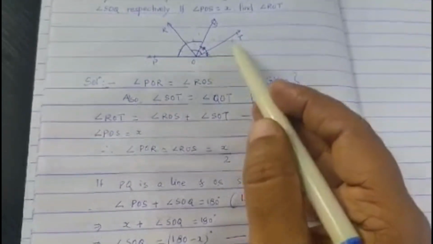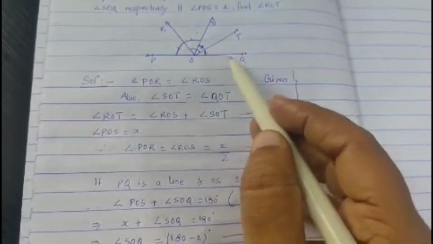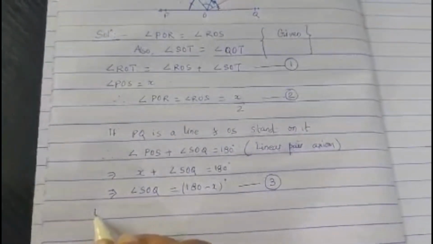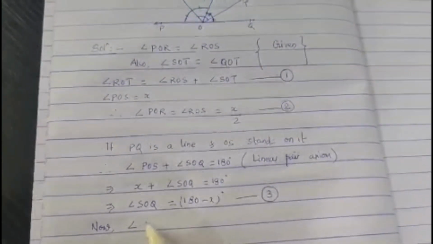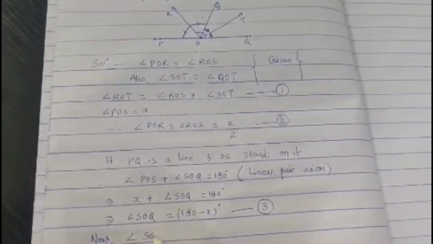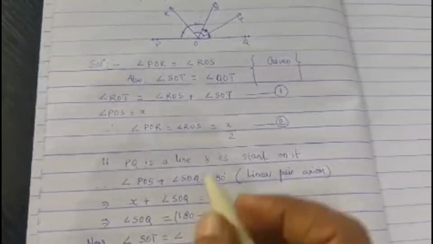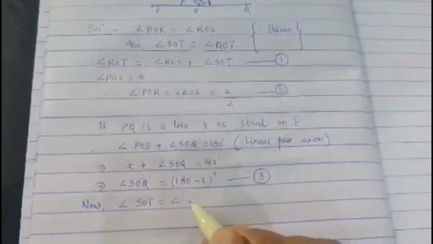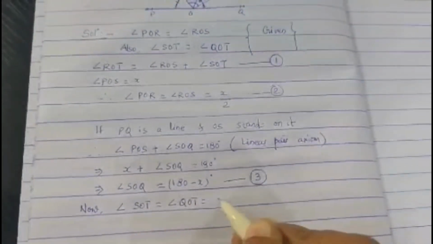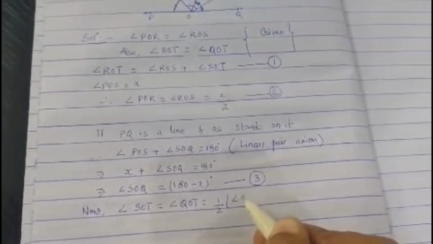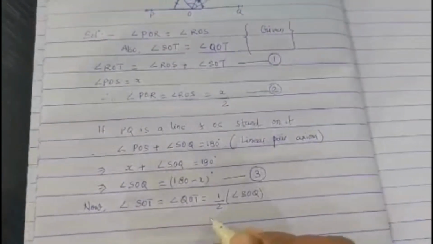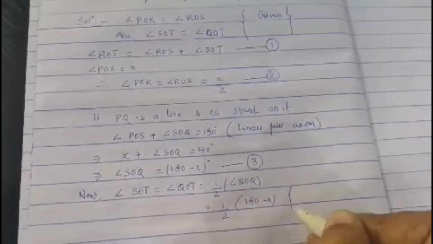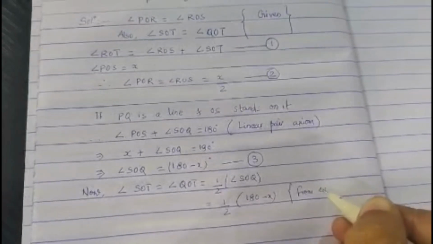Now we know that OT is the angle bisector, so SOT equals TOQ, and that will be equal to half of SOQ. So angle SOT equals angle QOT, which is equal to half of angle SOQ, and that will be equal to half of 180 minus X from equation 3.